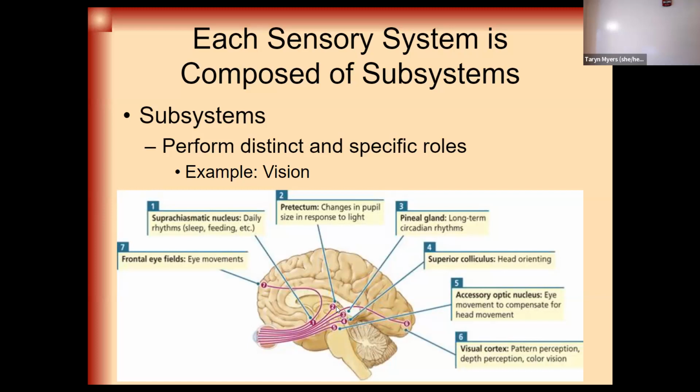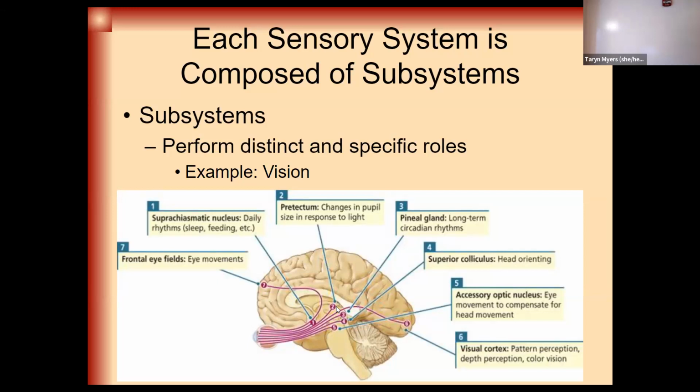You have the pineal gland related to circadian rhythms. We have the superior colliculus, which in addition to the parts in your ear, helps you to know where your head is in space. Very important. Accessory optic nucleus, eye movement to compensate for head movement.